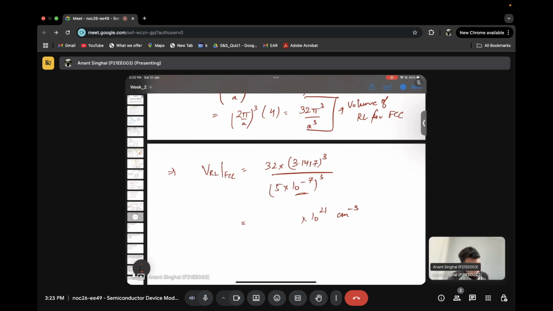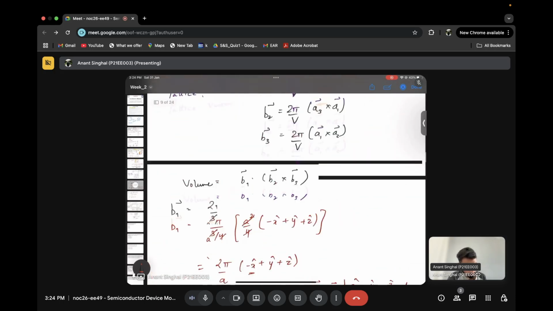We need to see what the answer will come out like. It should be around 32 into pi cube, which is about 1000, divided by 125, which should come out to be approximately 7 something, times 10 to the 21 per centimeter cube. Is there a single option or are there multiple?